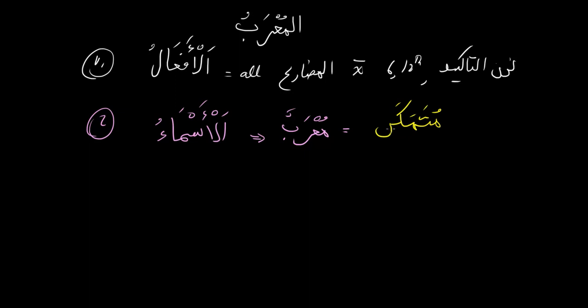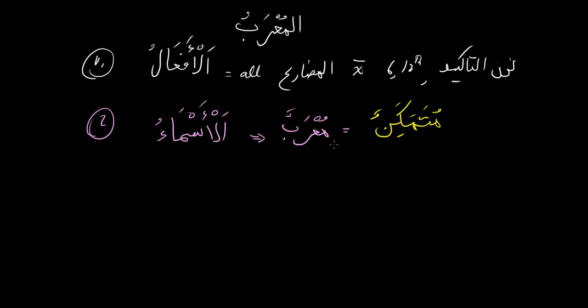Mutamakkin, mutamakkinun. So mu'rab nouns are also called mutamakkin, and mabni nouns are also called ghayr mutamakkin, therefore, right? You get that, right?